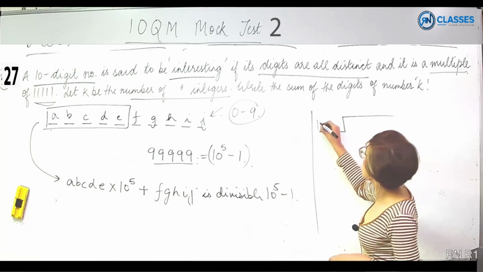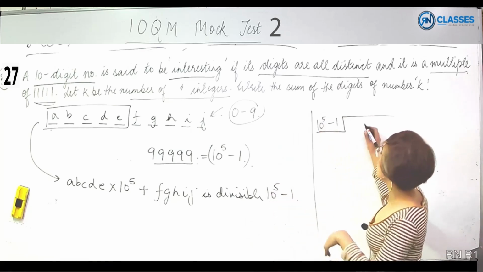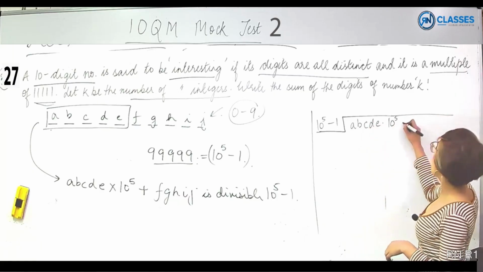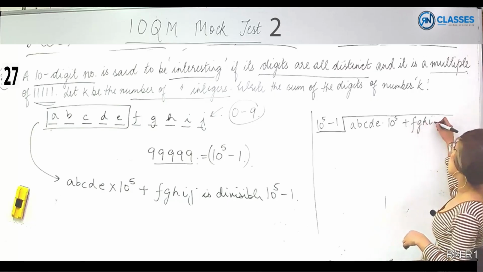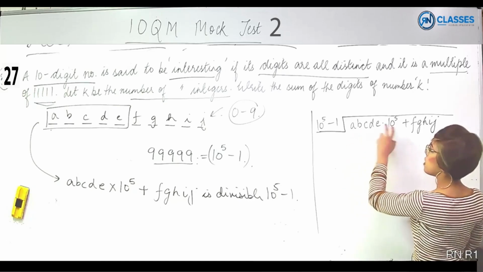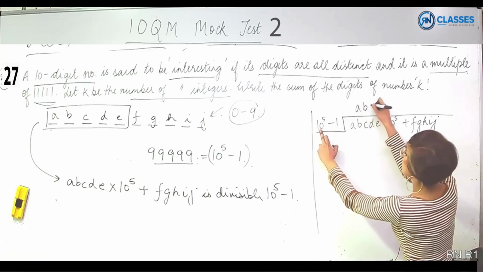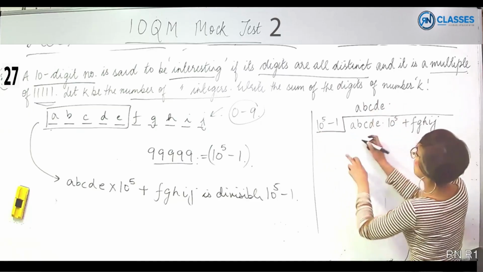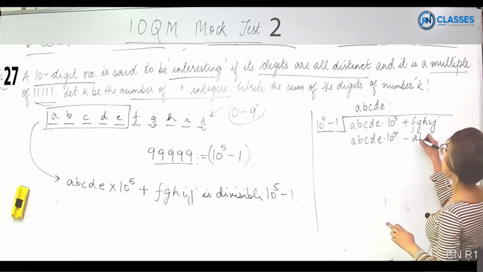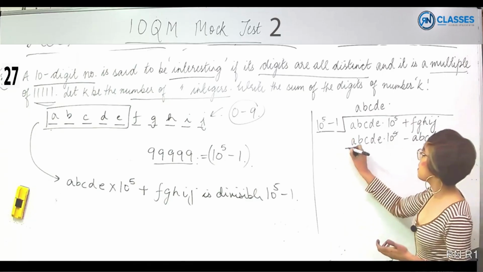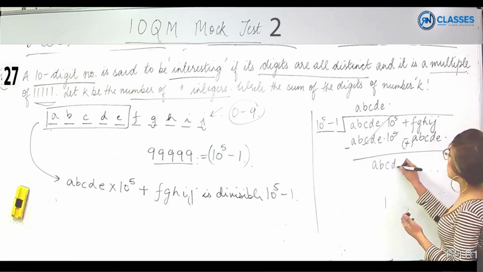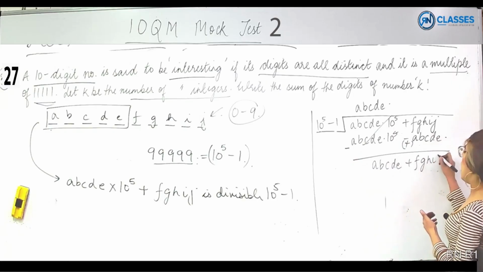This is the divisor, 10 raised to the 5 minus 1, and that is my number, A, B, C, D, E into 10 raised to the 5 plus F, G, H, I, J. So I'll do 10 raised to the 5 into A, B, C, D, E. This into this is the first quantity, A, B, C, D, E into 10 raised to the 5, minus A, B, C, D, E. Subtract this, minus, plus, and this gets cancelled. So basically I'll get A, B, C, D, E plus F, G, H, I, J.